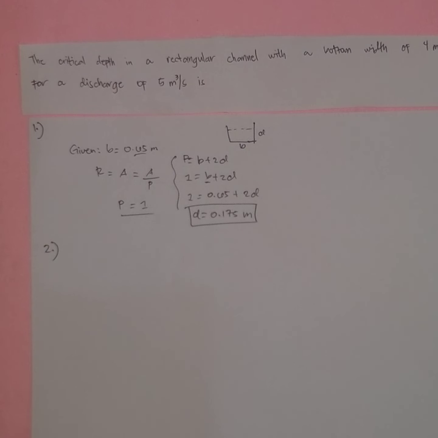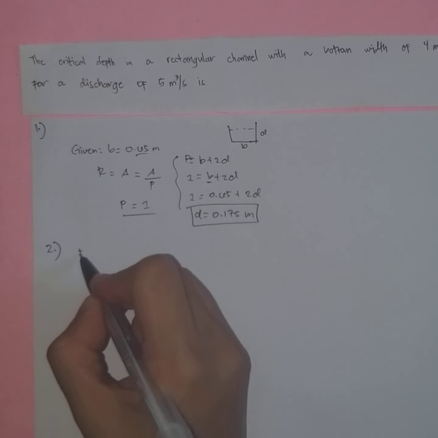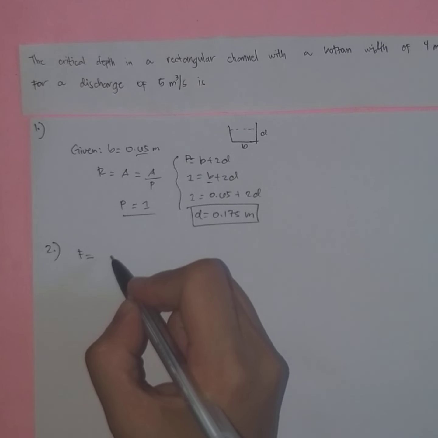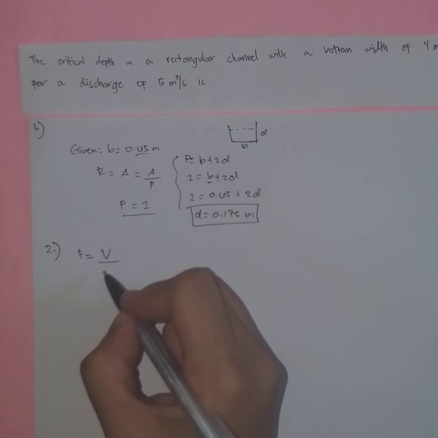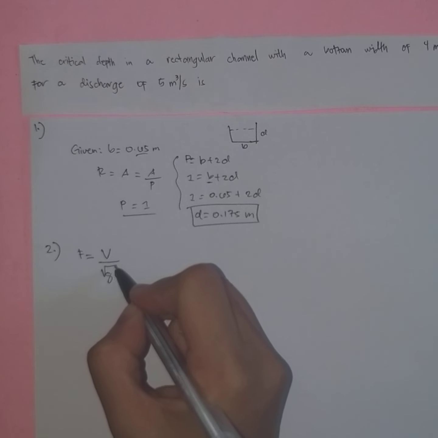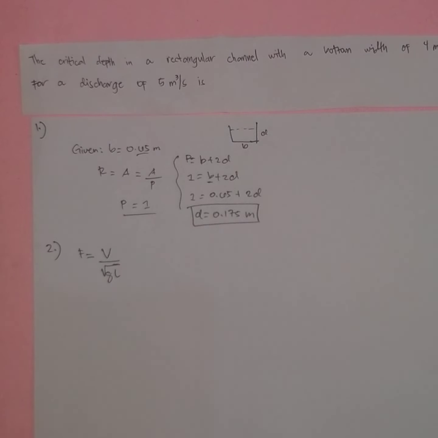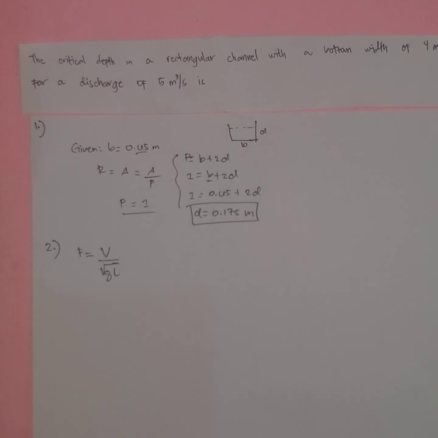For this one, the problem mentions the critical depth. So we have to apply the Froude number equation, in which Froude number is just V over square root of gL. And because it says critical depth, the Froude number of a channel with critical flow is just 1.